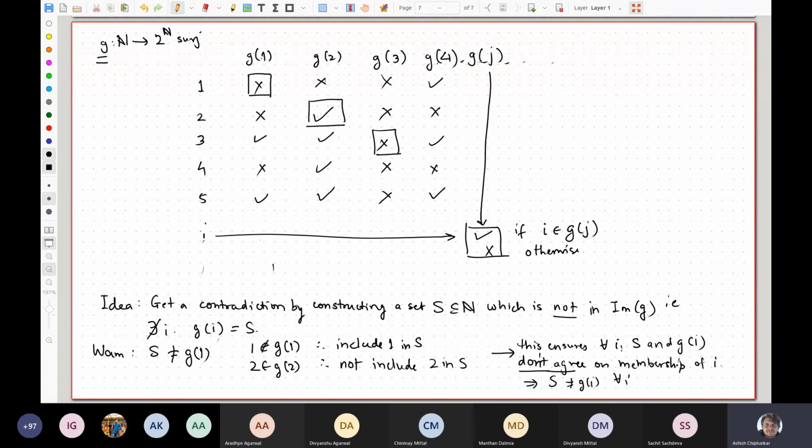Even in the finite case, you know that the size of the power set is strictly more than the size of the set. Right. So here, that's what we are seeing. The integers are not sufficient to index the power set of integers. That's all we are seeing, except that this has now become an infinite set.